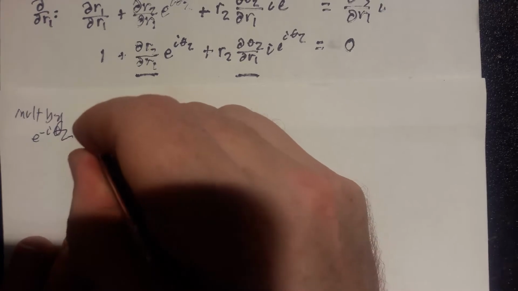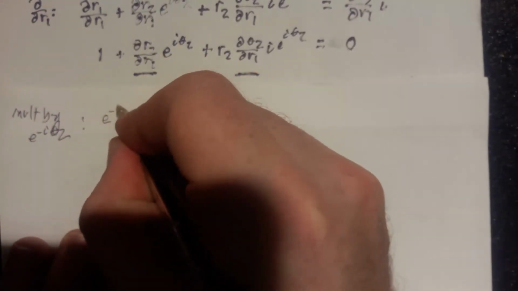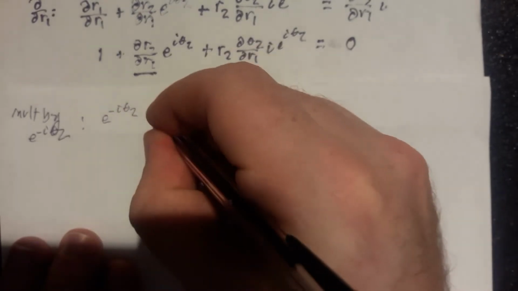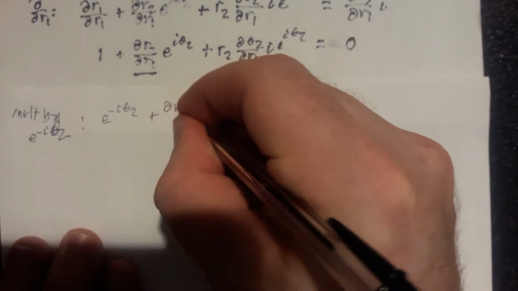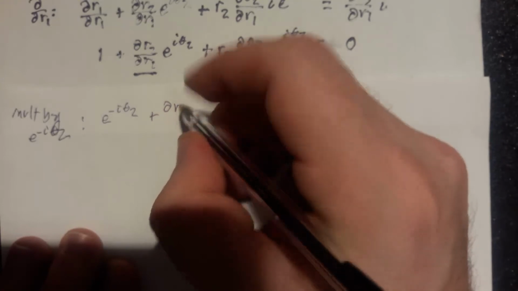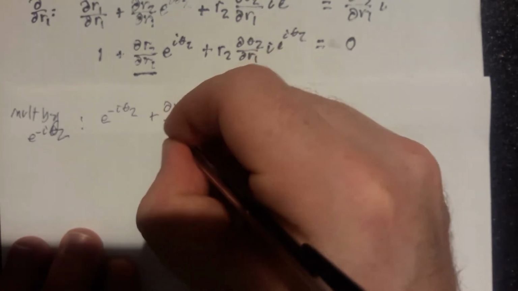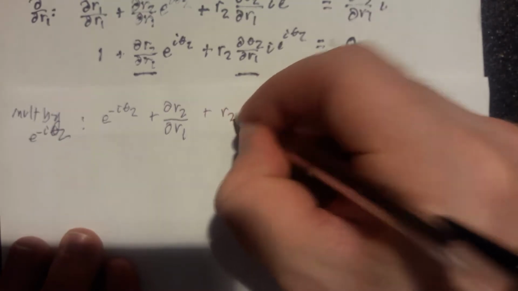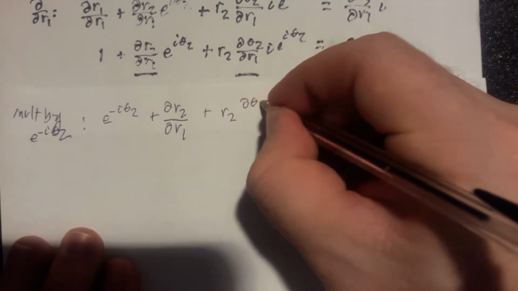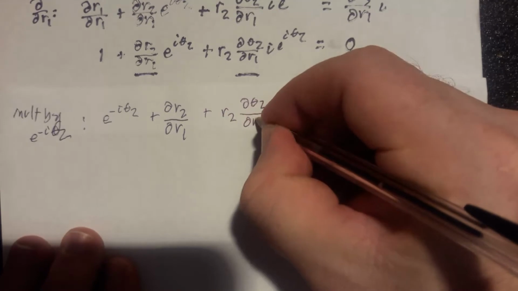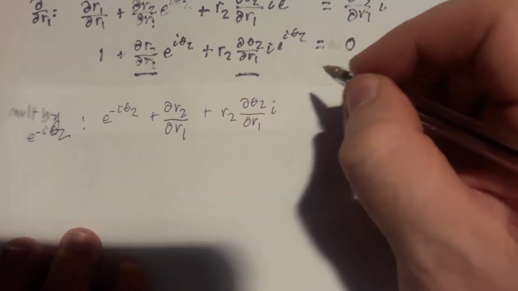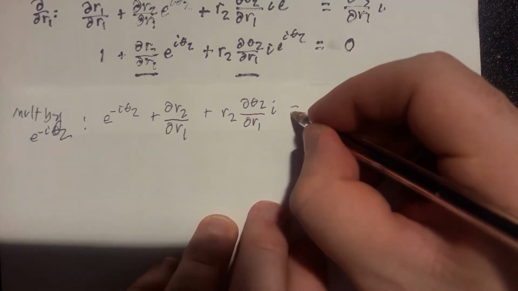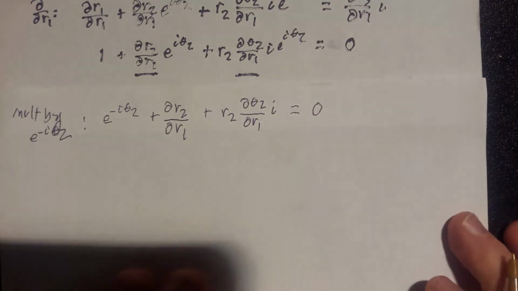What happens when we do that is this equation becomes e to the minus i theta 2 plus dr2/dr1 plus r2 dtheta2/dr1 i, and that's going to be equal to 0.